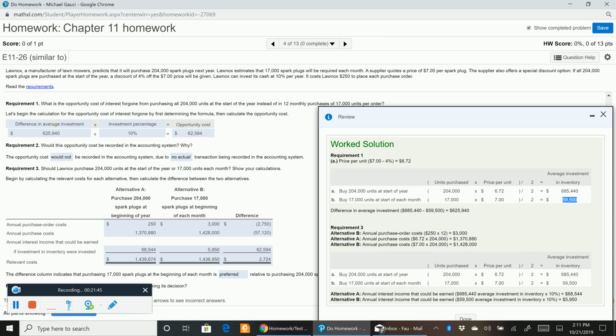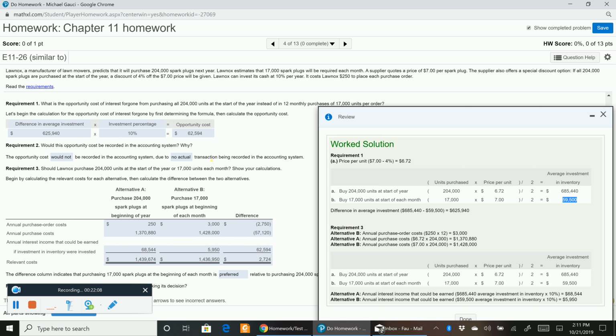Now, that difference in investment, if I had it in cash instead of having it tied up in inventory all year long, I'd be able to take that difference in the average investment and invest it, which we said earlier, I'd be able to earn 10% on my money. The $625,940 times 10% equals $62,594. That is called the opportunity cost.